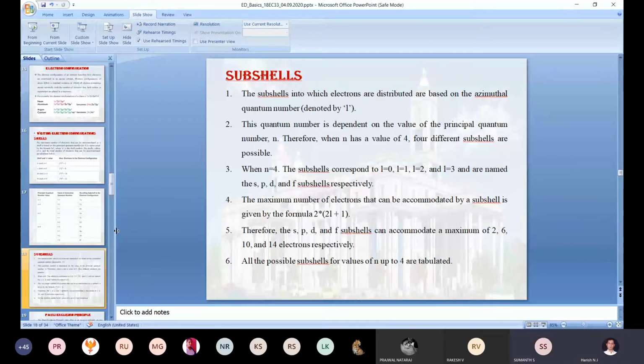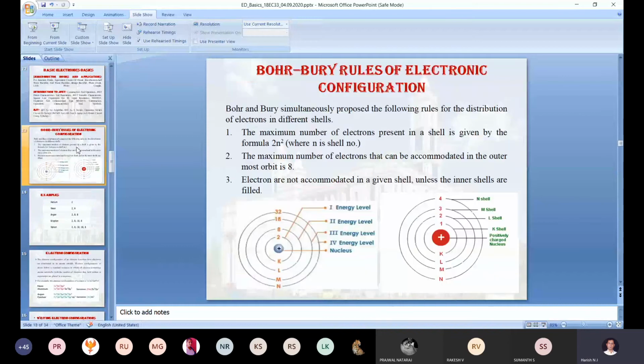No, sir. Okay. So my next question is, let us take some random number. Now, as per your third rule of the Bohr-Bury model, electrons are not accommodated in a given shell unless the inner shells are filled.